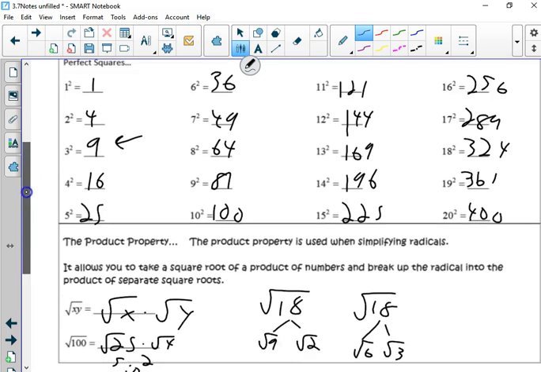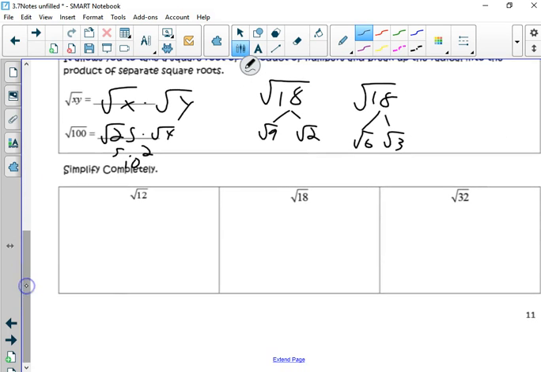So what you're doing is you're looking at these numbers underneath the radical, and you're trying to find out, are there any perfect squares that go into 18 or 12 or 32? That's your goal. So 12. I know I can break it up into 6 and 2. But 6 is not a perfect square, and neither is 2.